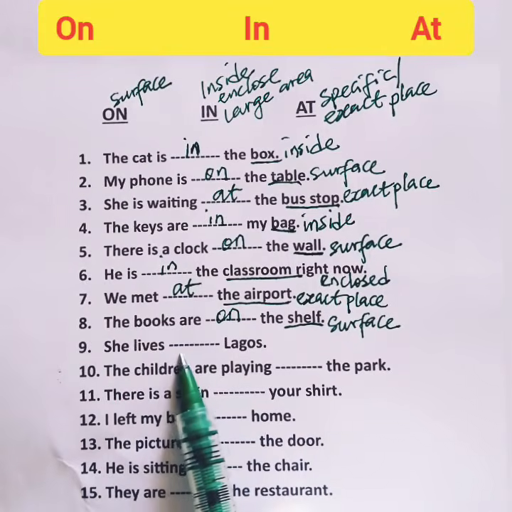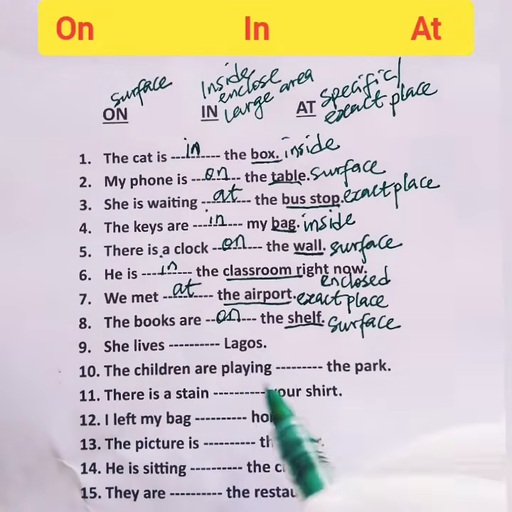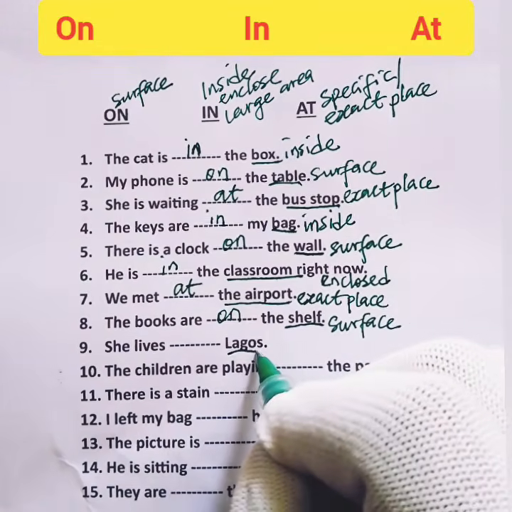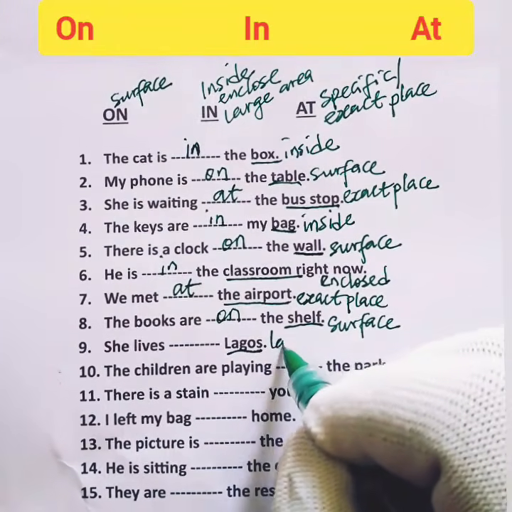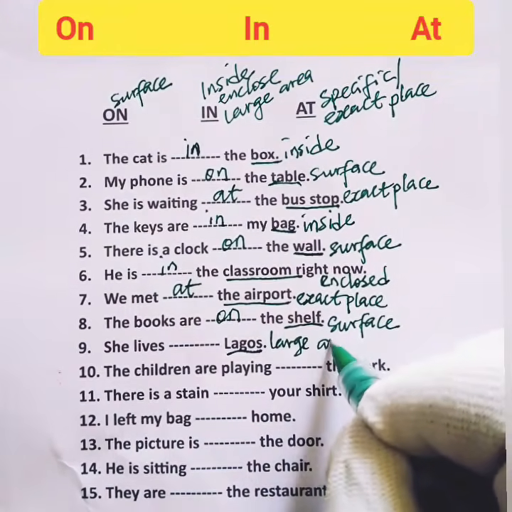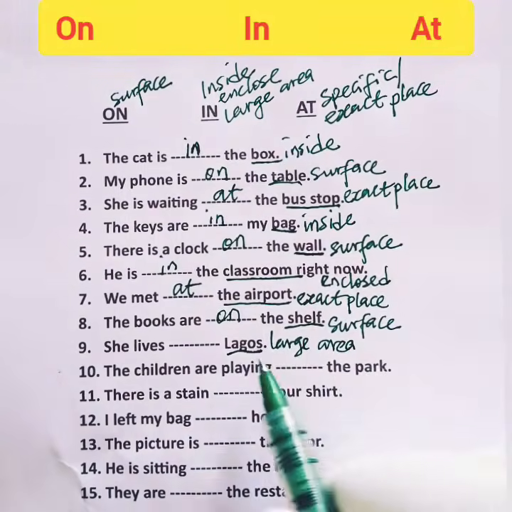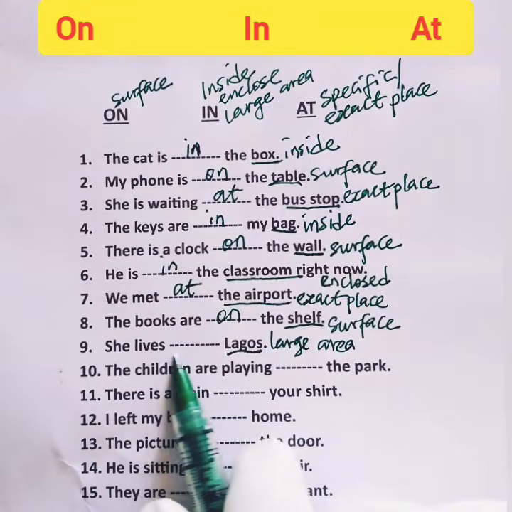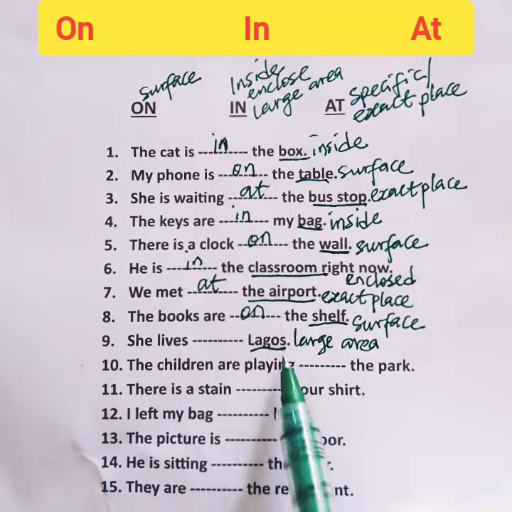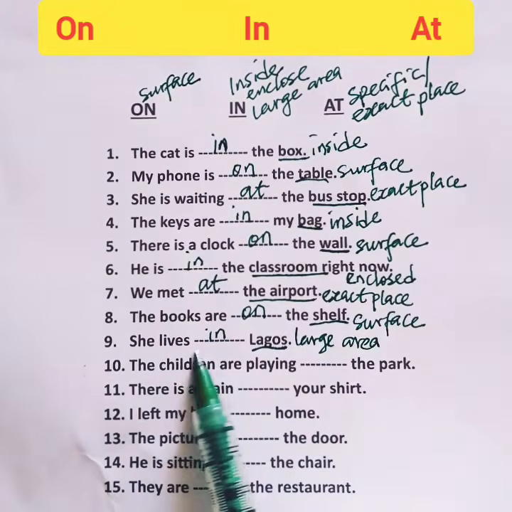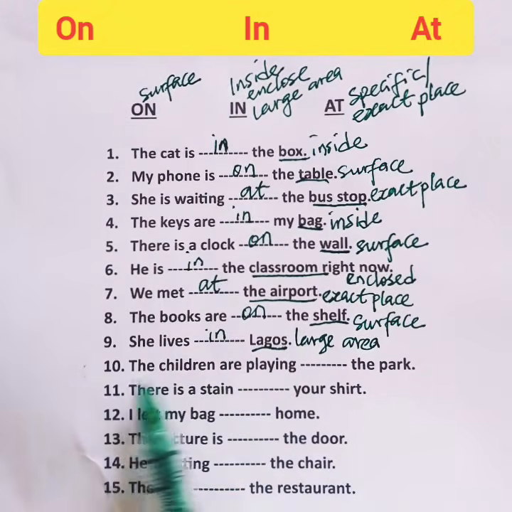9. She lives blank Lagos. Lagos is a place, a large area. Okay? For large area where someone can stay, use in. She lives in Lagos. 10.